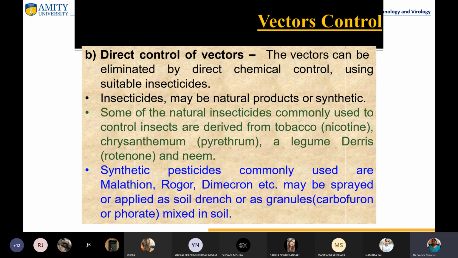So maybe we need to work more on the development of natural insecticides and make them at a price which farmers can actually opt for. Because when given a choice between chemical and natural control, they want to opt for natural products, but they are so costly that they cannot afford them, whereas synthetic pesticides come at very cheap rates. So definitely they opt for those chemical pesticides because they don't have to spend much on that, right?